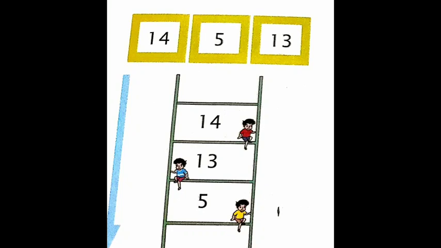Now, here there is an important point. See the arrow marks. How it is pointing? It is pointing from top to down. The arrow marks are pointing down. So, you have to start writing the numbers from the top to the down.